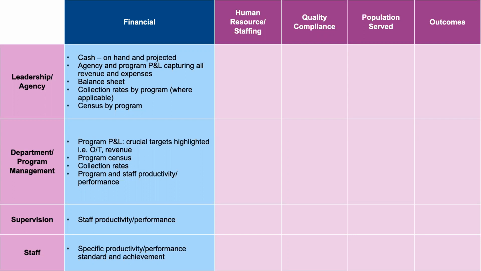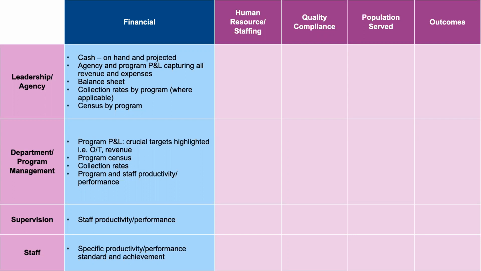So that's a more detailed look at the available data for them. And supervisors need yet another level of data. Their data is going to be around their own staff's productivity and performance. What are the performance standards that have been set up for individual staff?